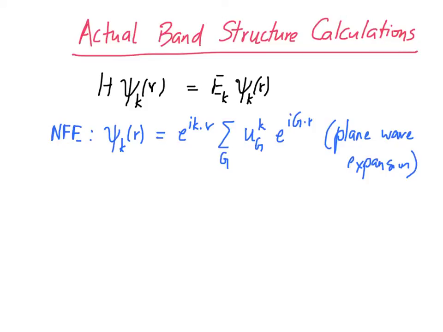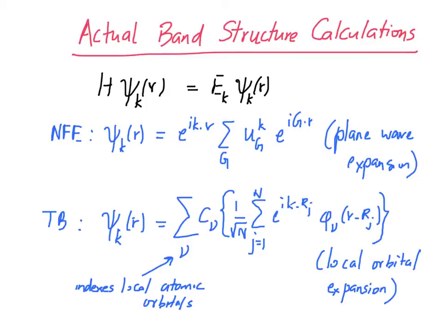Now let's see what expression we got when we tried to use the tight binding approach. So there it is. This is the tight binding, or the TB method. Within this method, the wave function is written as an expansion over local atomic orbitals. So it looks a little bit cumbersome.